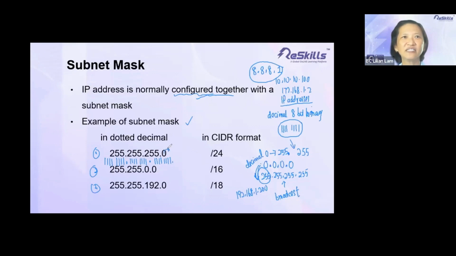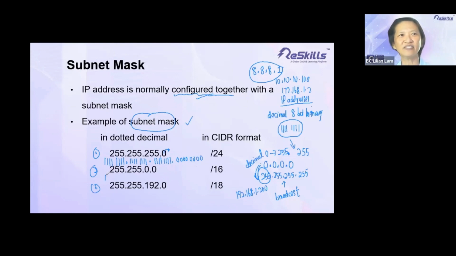Now 0 is represented by a binary bit 0, but we need to pad 7 bits in front to make it 8 bit. Okay. Now let's convert the second subnet mask. This is a subnet mask, yeah.